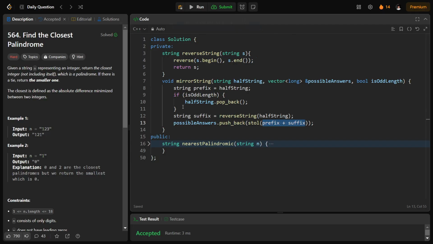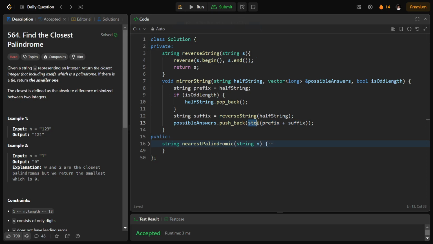If the length is even, we are not going to pop back. Otherwise, I get the prefix as the original half string, I get the suffix as the reverse of this half string, and in the end I just return the whole combined string, which would be a possible answer.